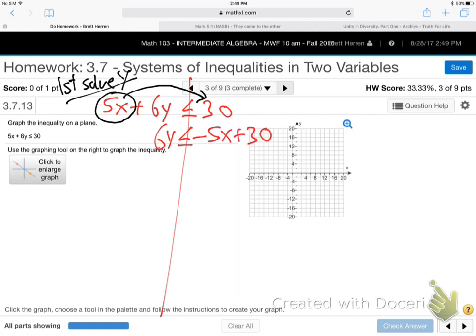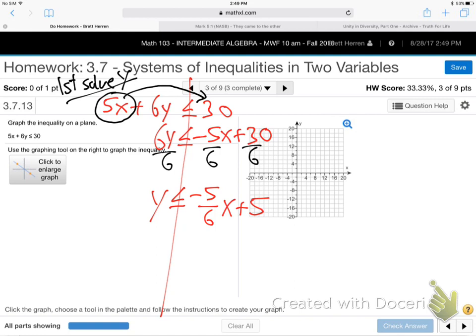Good so far. And then divide through by 6. And that's 5 out there. We're good to there. Now, can we graph that thing?